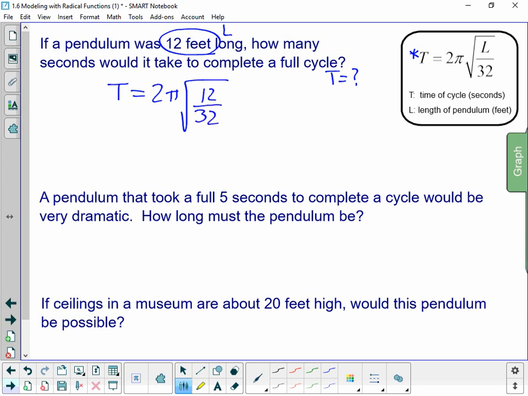And the length we're using in this instance is 12 feet. So we calculate that and find that the time is about 3.85 seconds.